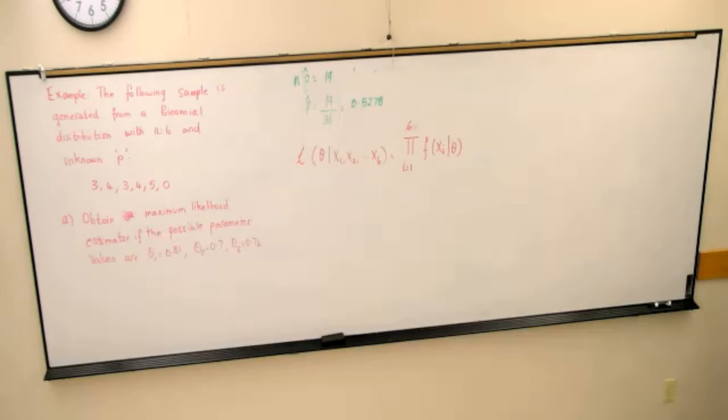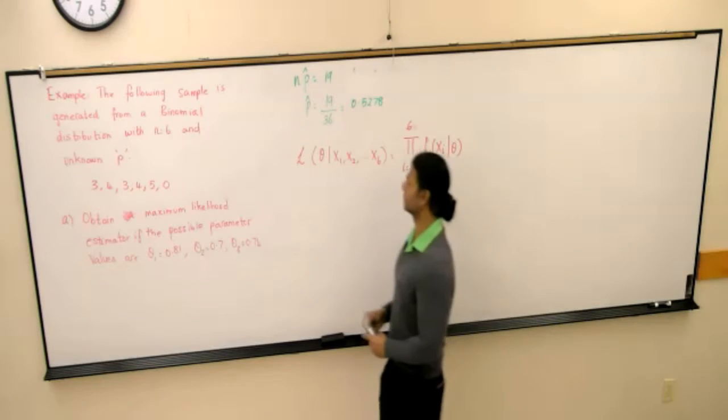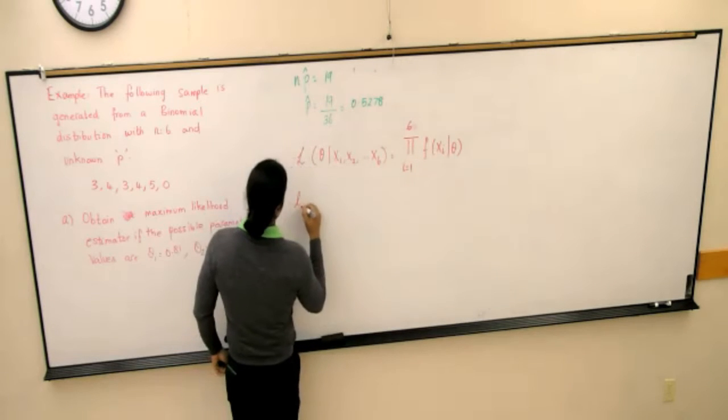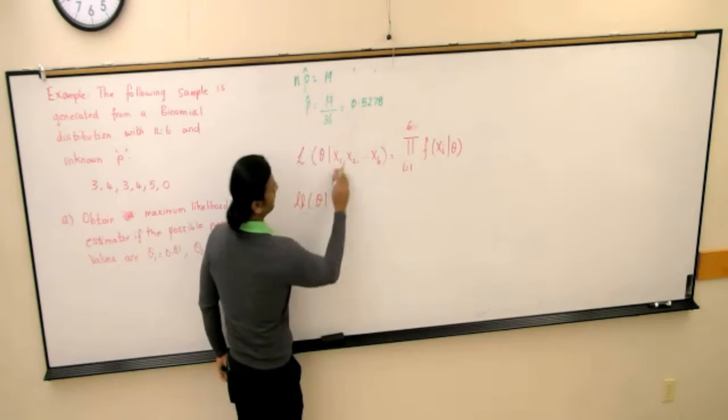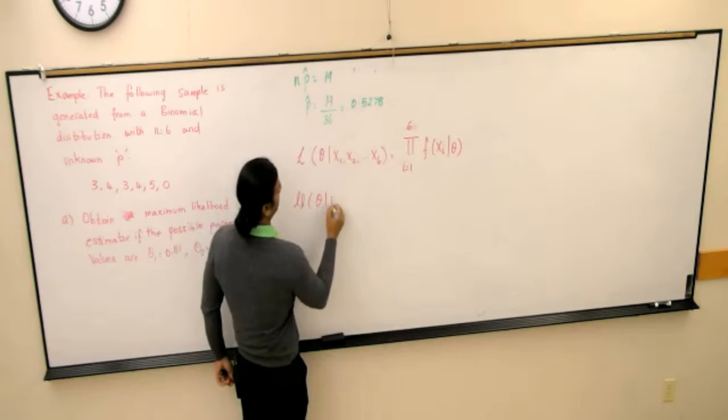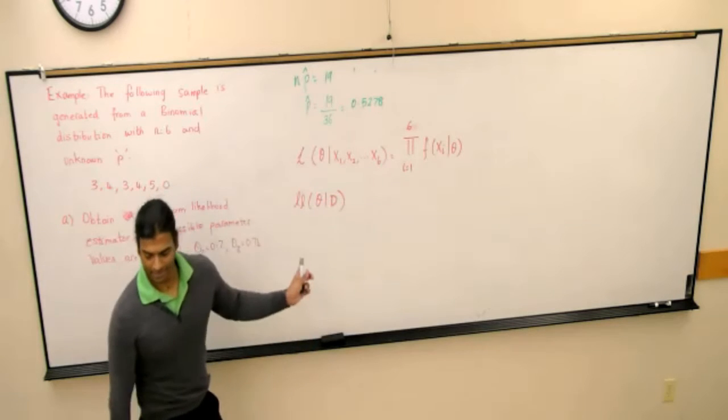Now, last time I mentioned that even though we can do it directly, the common approach would be to take the logarithm on both sides and use log likelihood. I'll just call the data d.